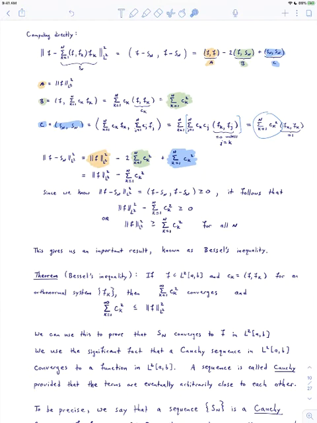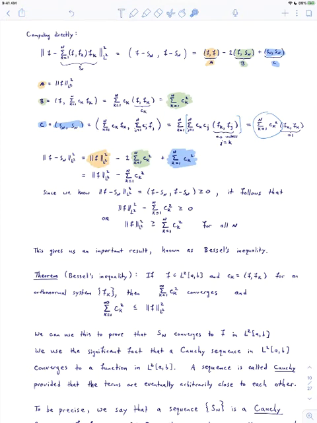Now what we know is that the norm squared is non-negative. So it follows that this difference, the norm of f squared minus the sum k equals 1 to n of ck squared, is greater than or equal to 0.